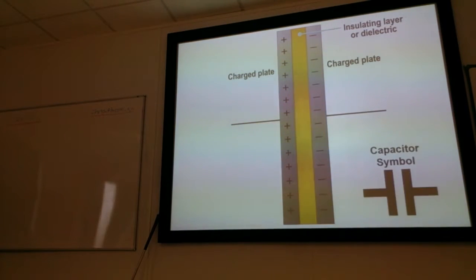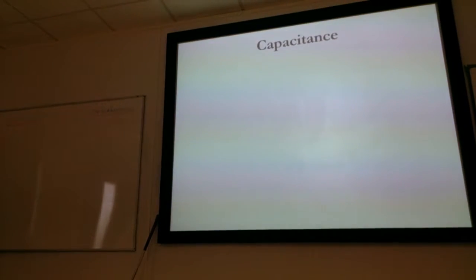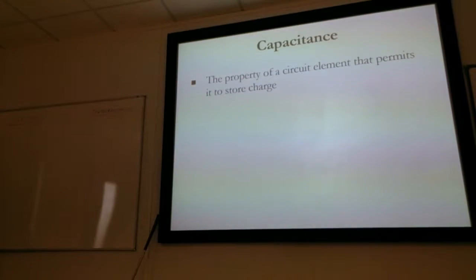The symbol for a capacitor is very similar to the sketch diagram of a capacitor, two plates with a connection either side. We measure capacitance, you will recall, in farads after Sir Michael Faraday. Capacitance then is the property of a circuit or an element of that circuit that permits it to store a charge. That's all.